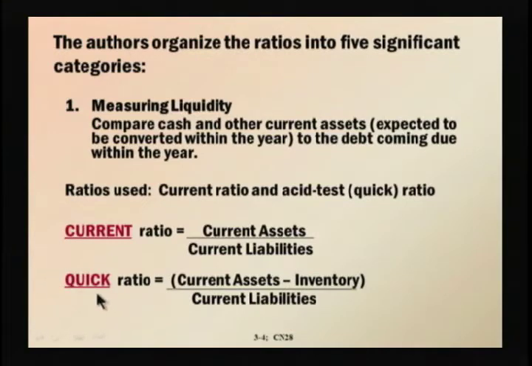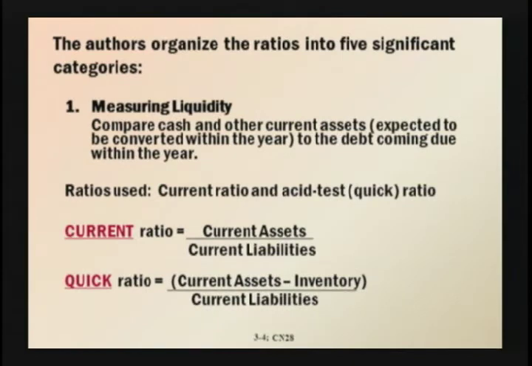But the quick ratio is very similar to the current ratio, but it has excluded inventory from the numerator. In other words, the quick ratio is all the current assets minus inventory, or you could think about that being that we added up all current assets except for inventory and divided by current liabilities.